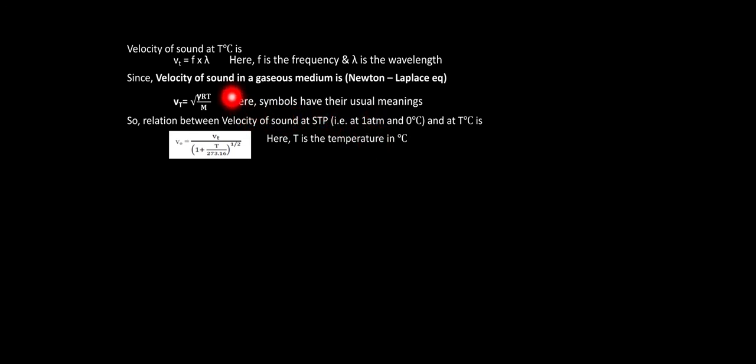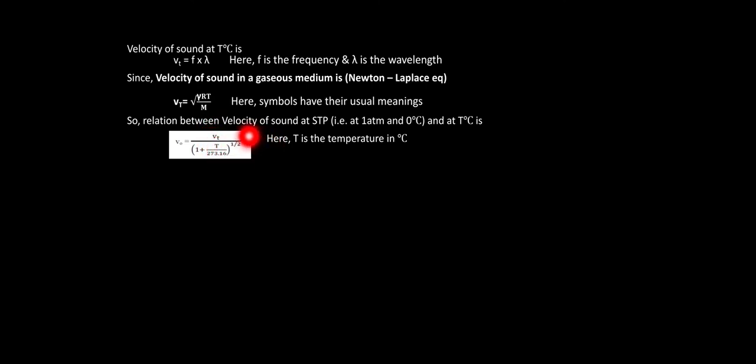So we have used that equation, which is the Newton-Laplace equation used for ideal gas. We have considered that our air is ideal or approximately near to ideal. So this is the dependence of velocity of sound on temperature, which is proportional to the square root of temperature. Here T is in Kelvin.